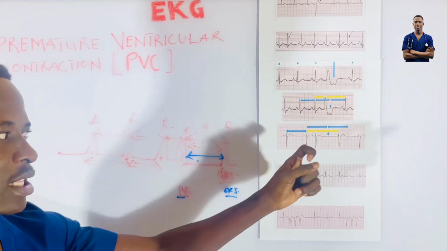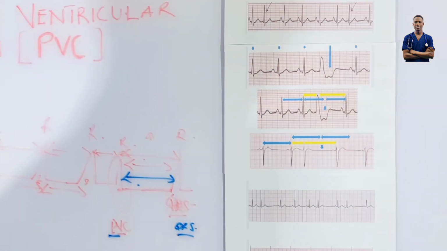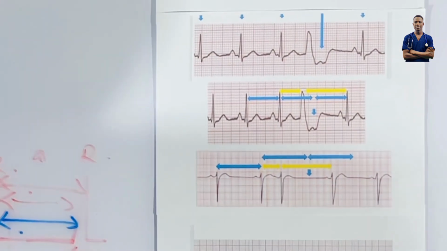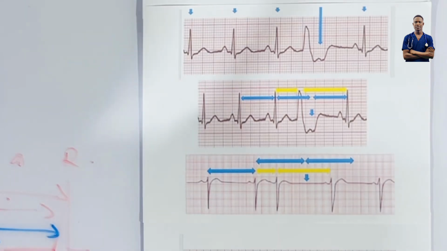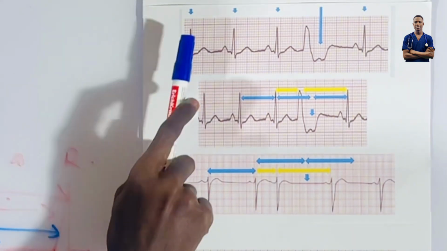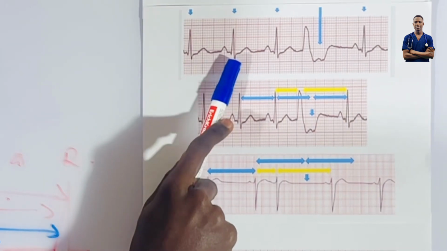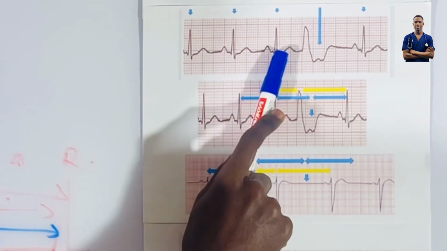Now, let's look at the graph itself. Let's take the second graph. On the second graph, look over here. We have a QRS complex here, another QRS complex, another QRS complex.